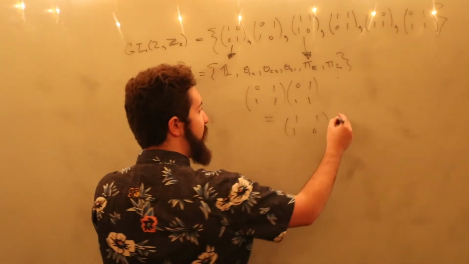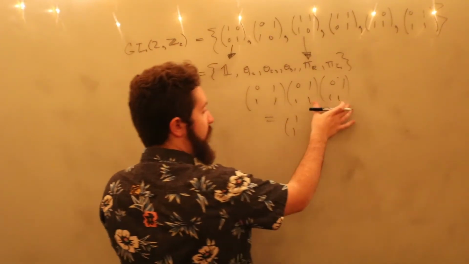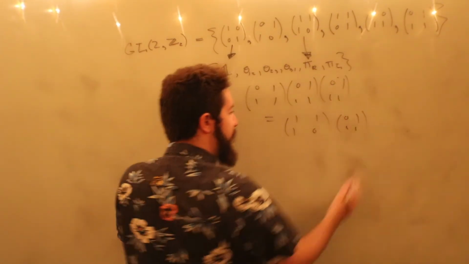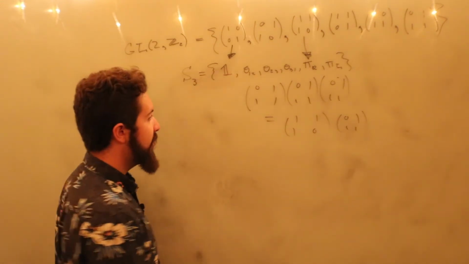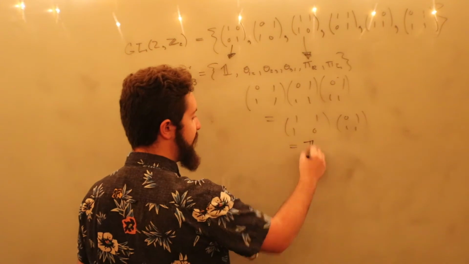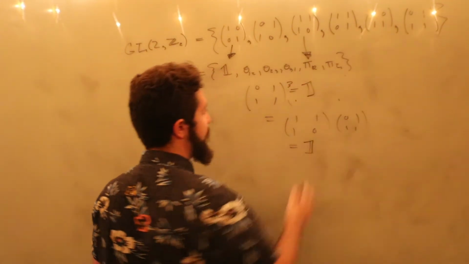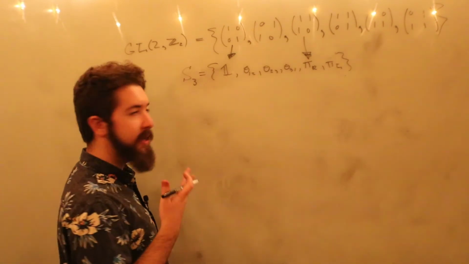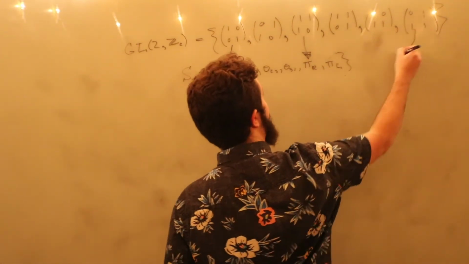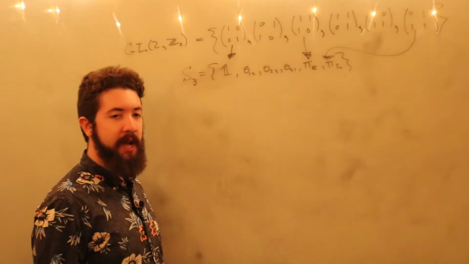And then we actually already took the product, 0, 1, 1, 1. We already took this product last time. It's the same product that showed up before, so that this is equal to the identity. So that this matrix cubed is also equal to the identity. So then it makes sense to map this last matrix to the other cyclic permutation pi L.